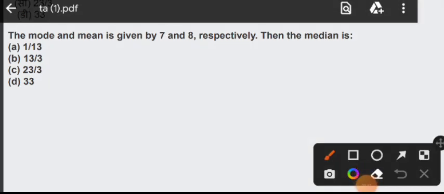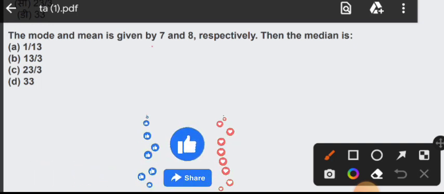Here the question is given: the mode and the mean are given as 7 and 8 respectively, then the median is? Here the values of mode and mean are 7 and 8.